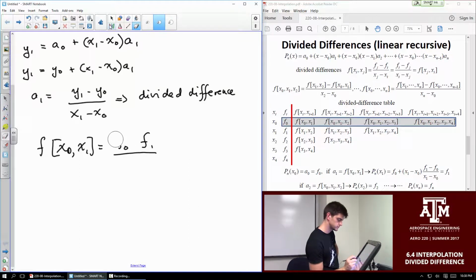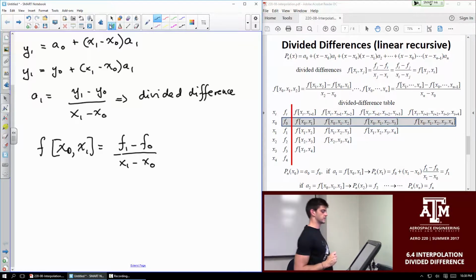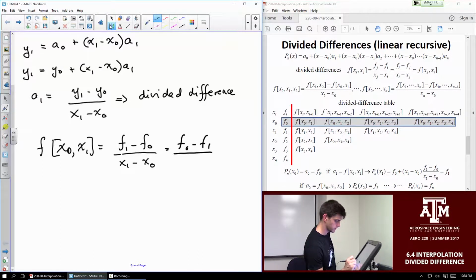Let me make sure I got this right. That is the divided difference for x naught, x1. And this is equal to this. You can swap the order, and it's still correct.